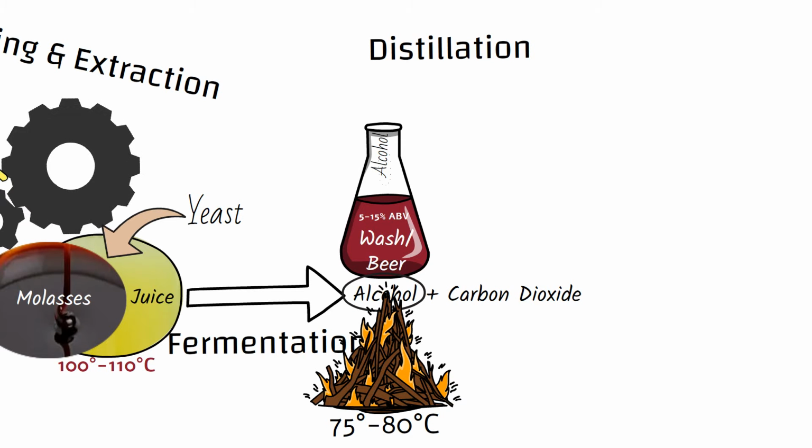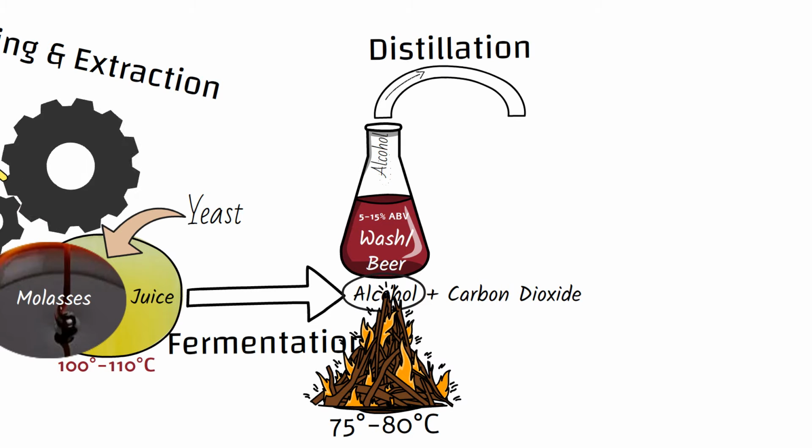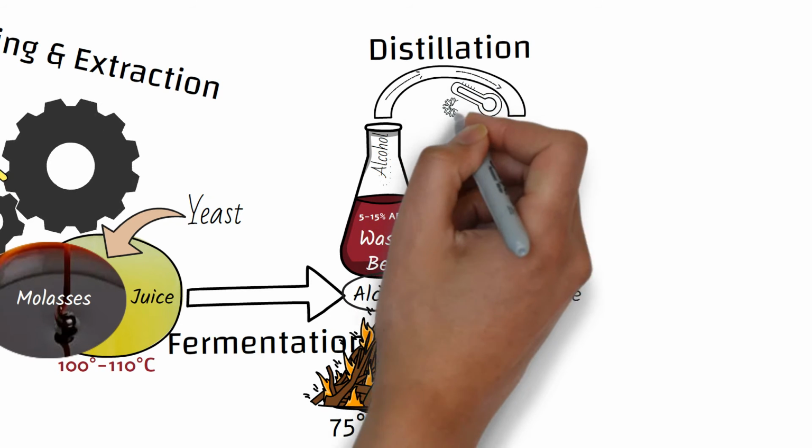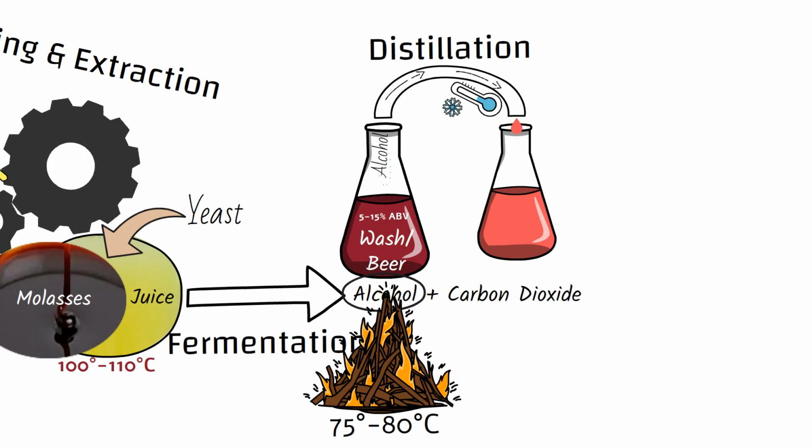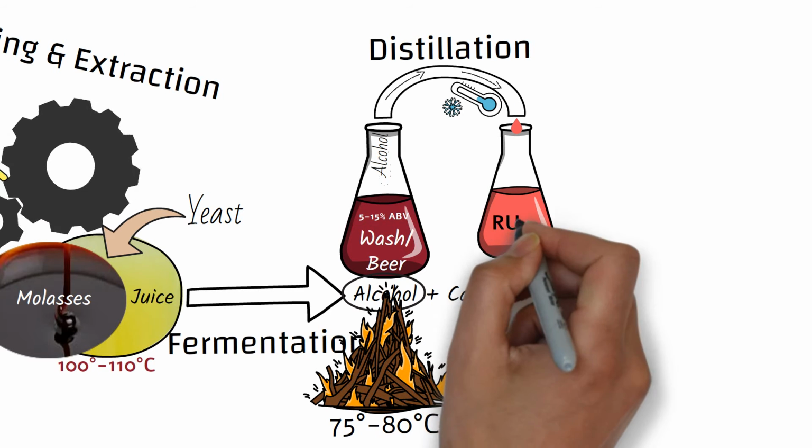Alcohol evaporates at a lower temperature than water, and the evaporated alcohol vapors are passed through a pipe, and at the other end they are cooled down to convert the vapors back into liquid form. Hence we get this distilled alcoholic beverage, or spirit, with a higher alcohol percentage. This is actually our rum.